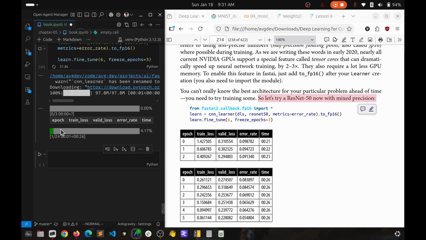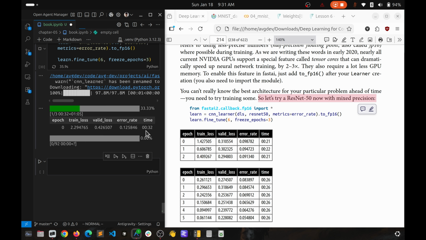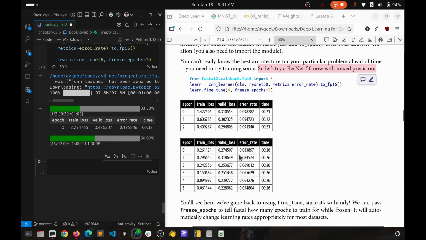Okay, so that's cool. 32 seconds. I think it'll only get faster and faster because the first one is kind of like a pre-run to find things. Okay, let's just keep going. So this person Jeremy's computer only took about 20 seconds.